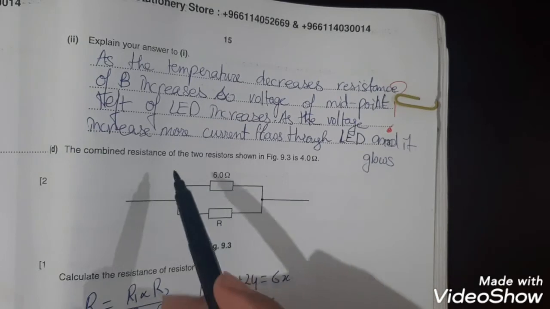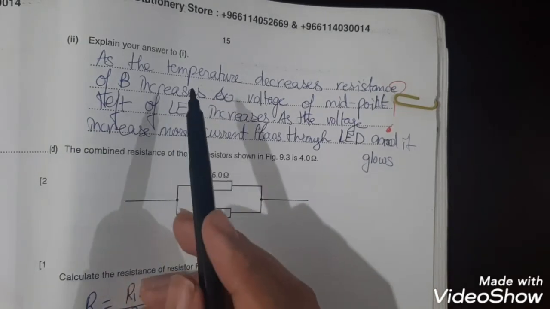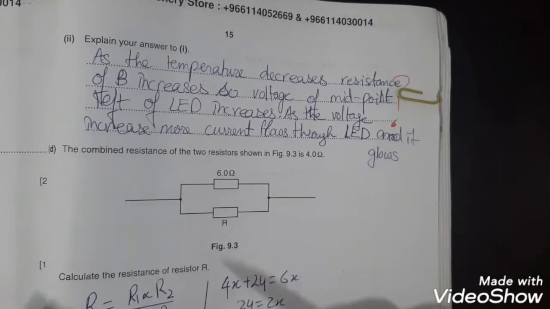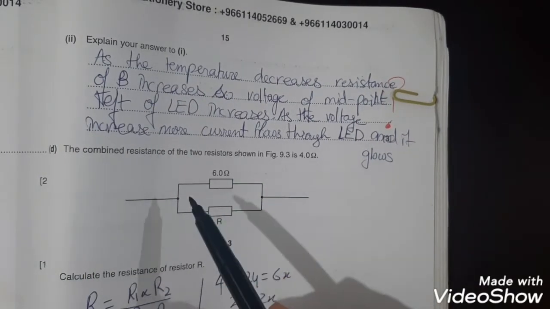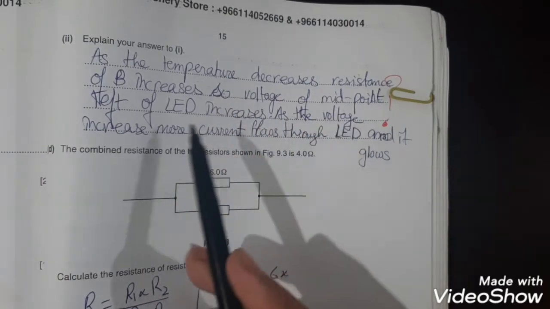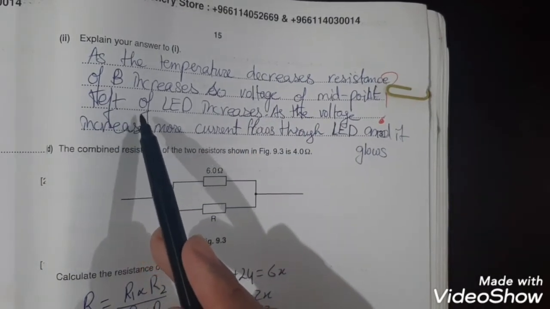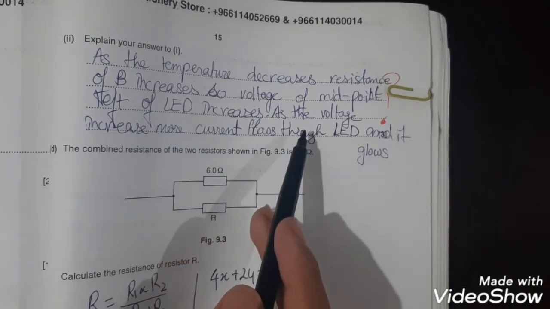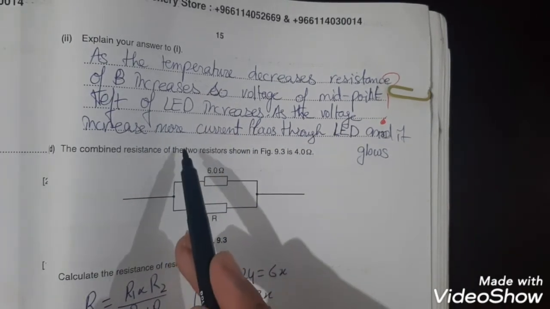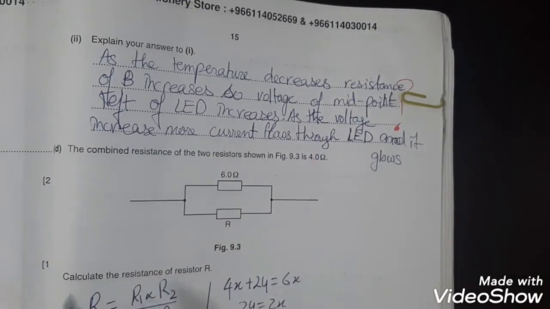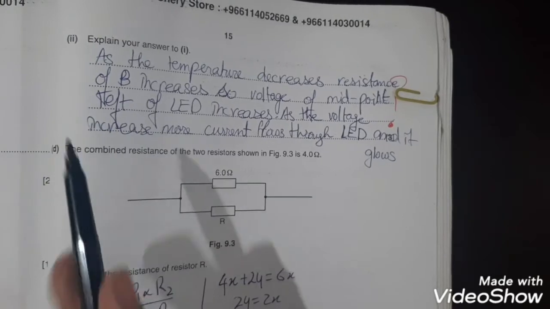So the final explanation for this question is that when the temperature is decreased, the resistance of B will increase, so the voltage at the midpoint towards the LED increases. So as the voltage increases, more current flows through the LED and it glows. So this will be the final answer for part 2.